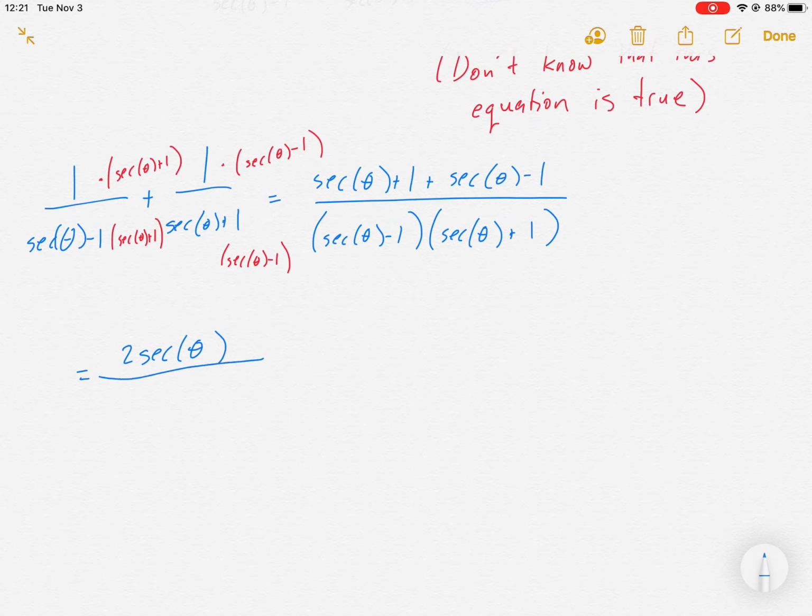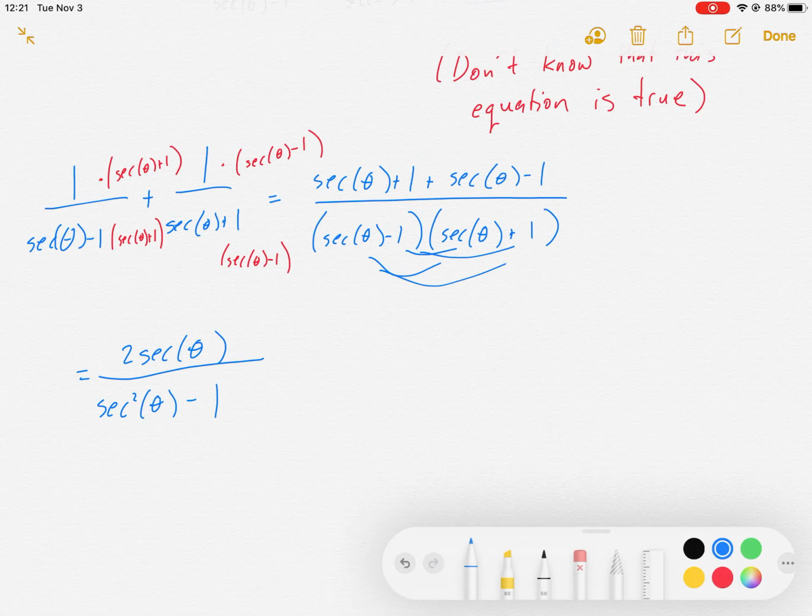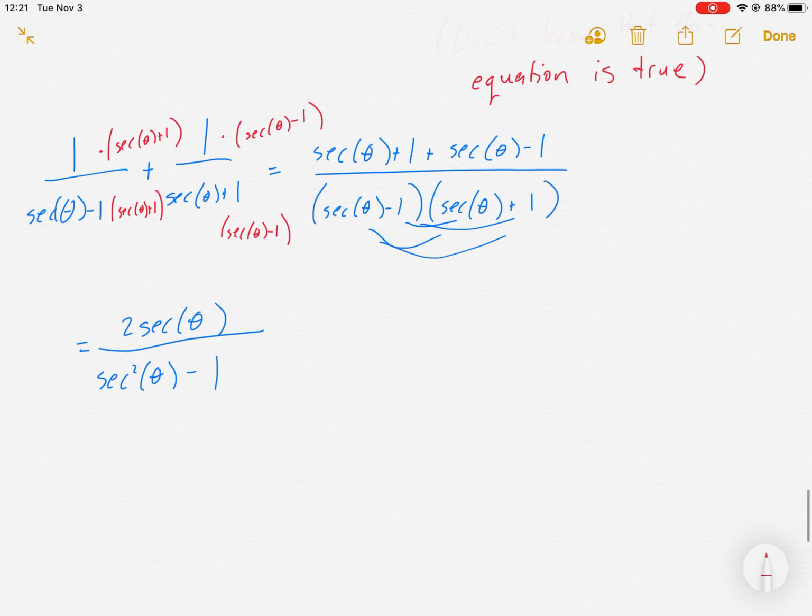Now in the denominator, I'm going to do what I did before, which is distribute. So we're going to distribute everything out. And I'm going to end up with secant squared of theta minus 1. Hopefully, you're starting to recognize when there's a squared and there's a 1, most likely we're going to end up using the Pythagorean identity.